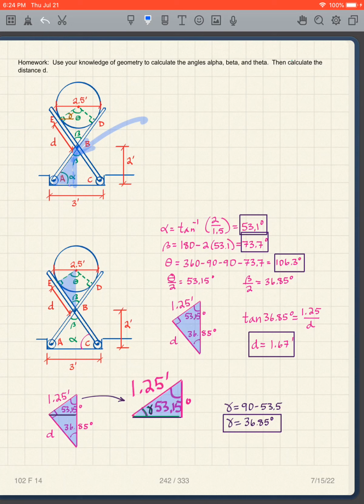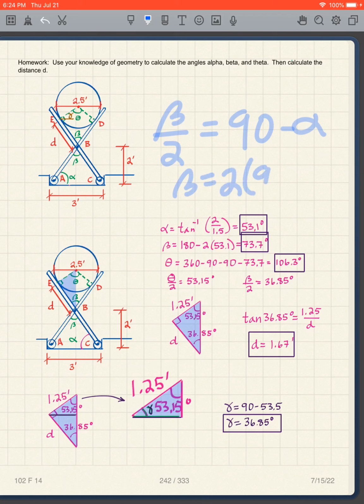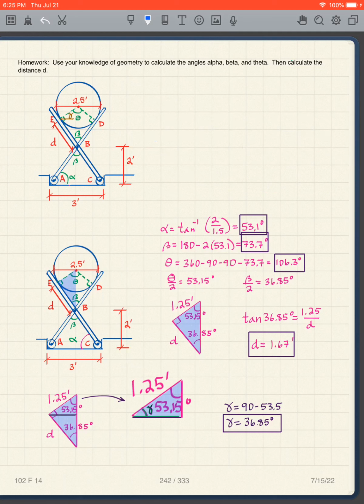So I know that one way to look at it is that beta over 2 is going to be equal to 90 minus alpha, and so beta is going to be equal to 2 times (90 minus alpha), and so that beta ends up to be 73.7 degrees. So I now have alpha and beta.